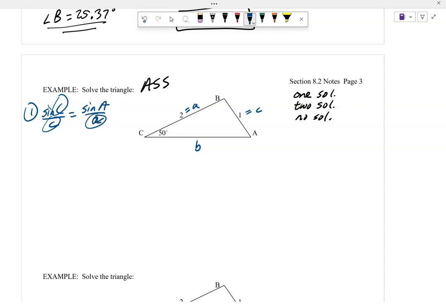That's a lowercase a. So we have sine of 50 degrees over lowercase c is 1 equals the sine of a, we don't know capital A yet, over lowercase a is 2. Let's cross multiply. 2 times the sine of 50 equals the sine of a, 1 times the sine of a.